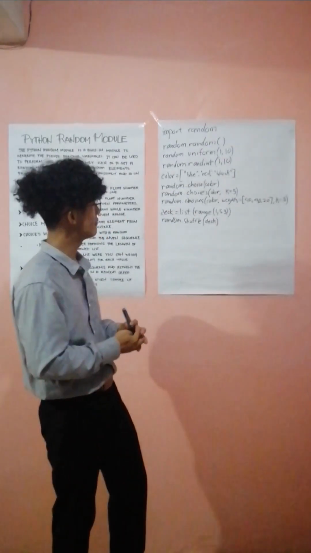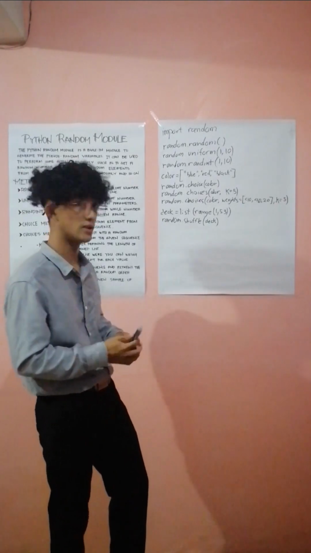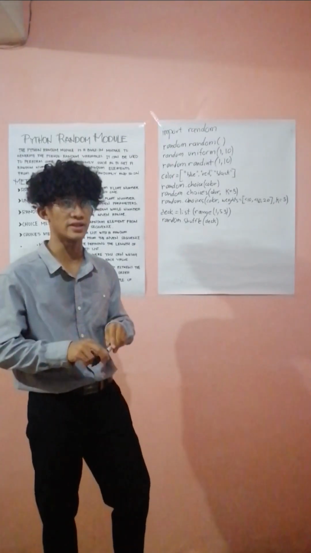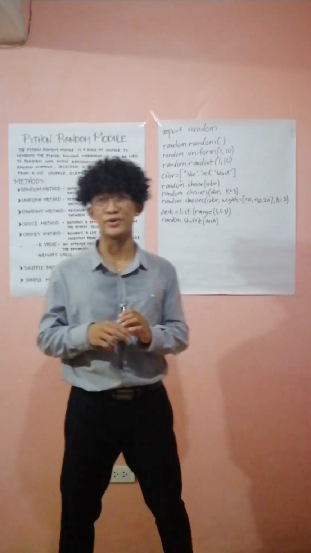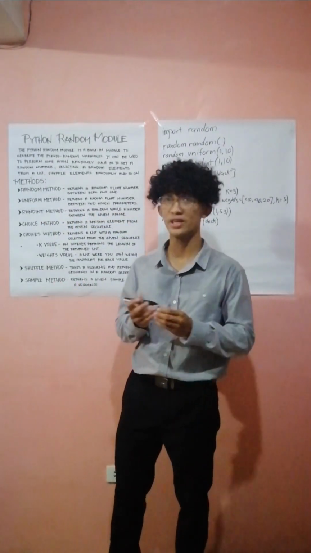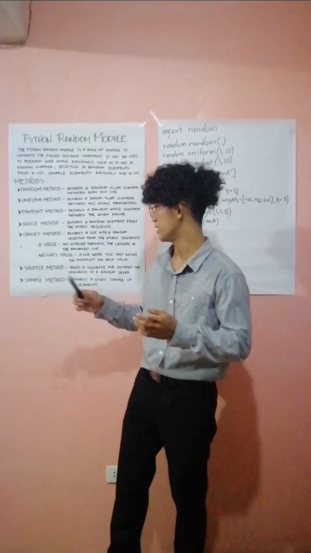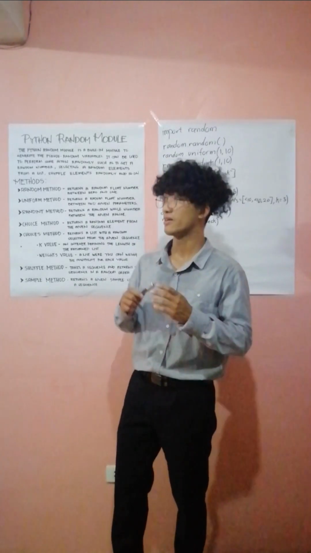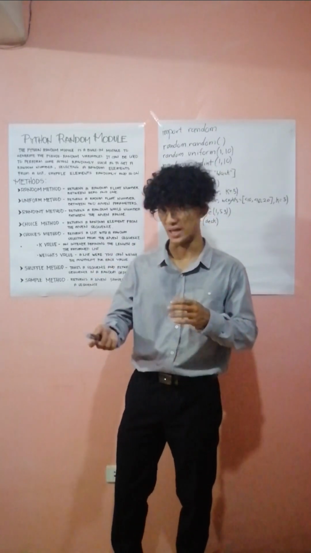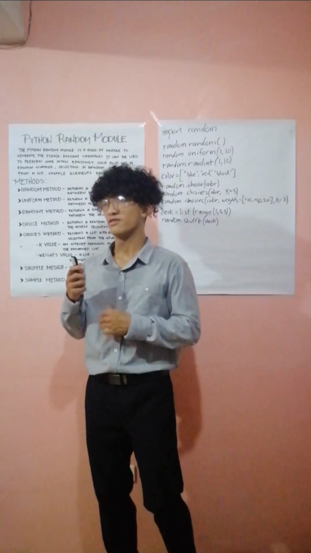So you want to pick up 5 cards from this deck. So we will use the sample method. And always remember that in the sample method, every element is unique. So it will pick a unique element. In short, it will not pick an element twice.